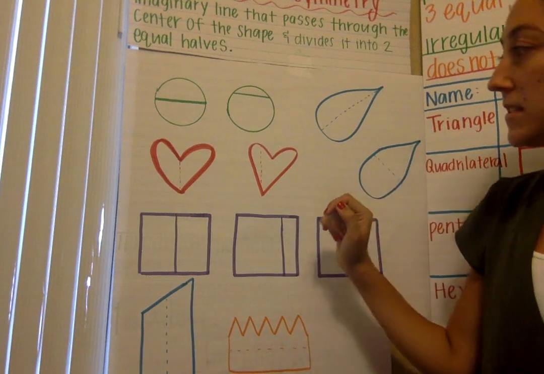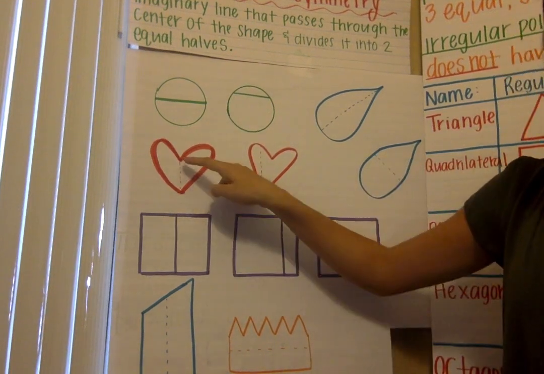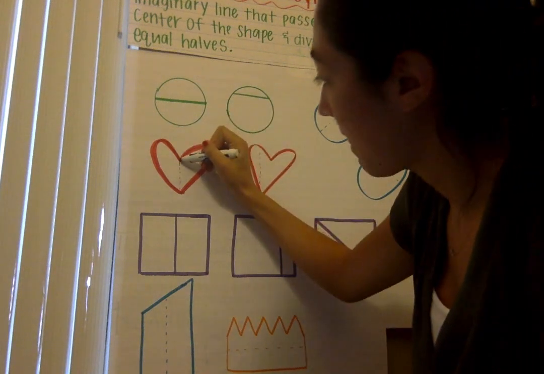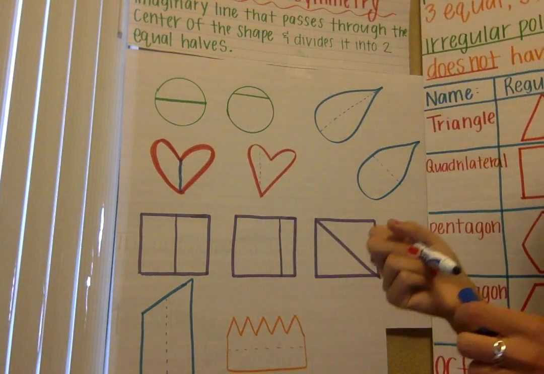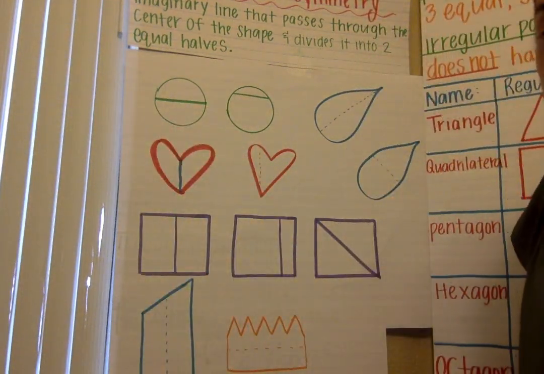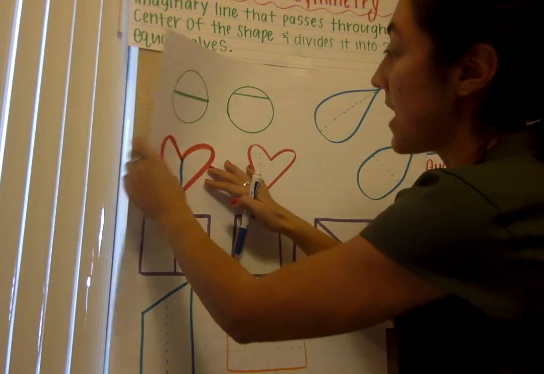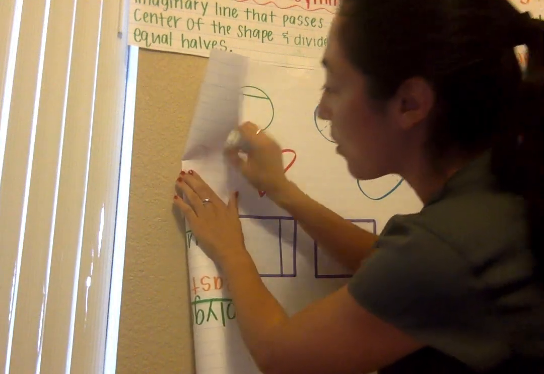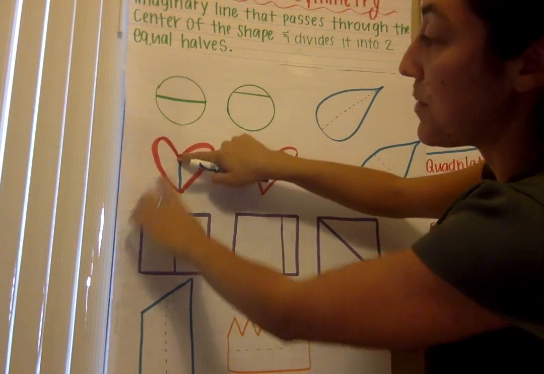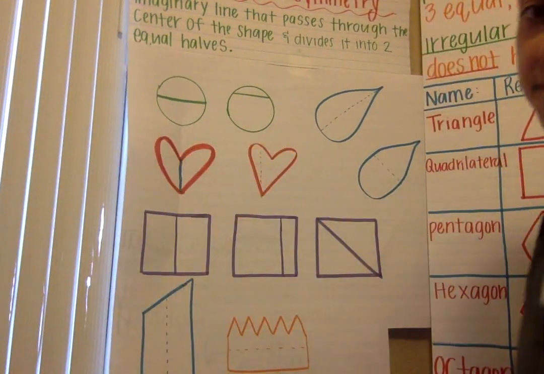For my hearts, if I asked you to fold right here on this line, and you folded this in half, then those 2 would be a line of symmetry because they would be equal. So if I folded it like this and I cut it out, they would be 2 equal halves.